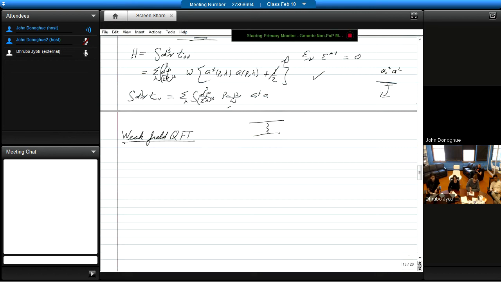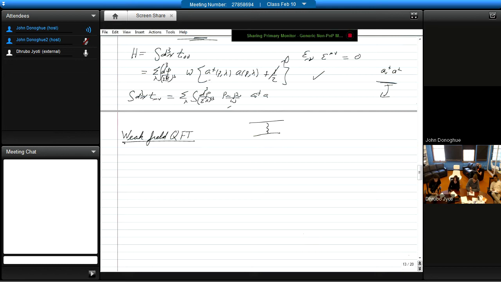The way I did it before, think back to last class, I did it from the wave equation for a scalar particle. We took the wave equation, did the non-relativistic reduction of the wave equation, and showed that there's a Schrodinger equation in a gravitational potential. But that's not how you do quantum field theory.